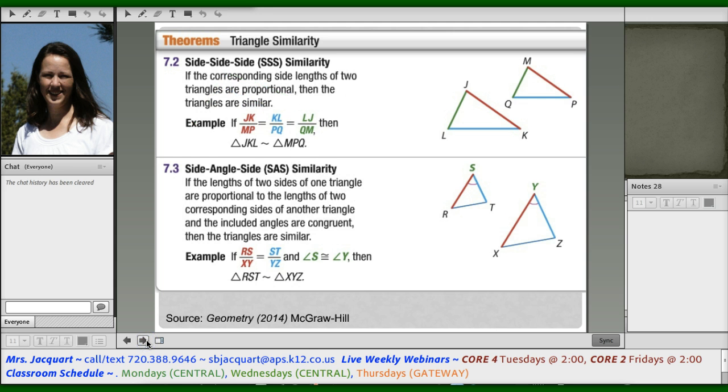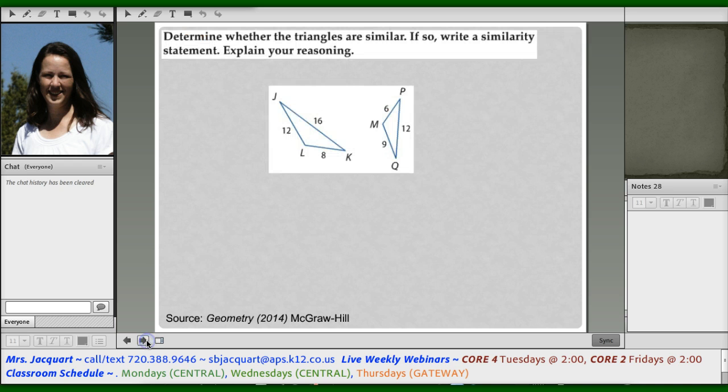Okay, so the next one, just pause and read. Okay, determine if the triangles are similar. So what we need to do is we're going to take the big side divided by the big side. And what does that equal?